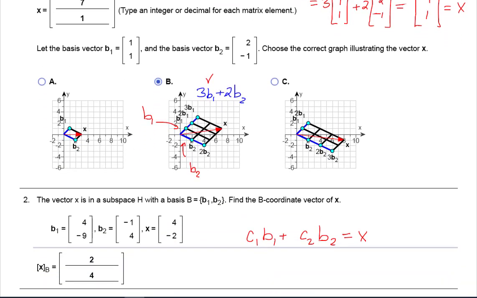All right, so looking at this picture, we know that in picture B, B1 points to 1, 1. And basis vector B2 was 2, minus 1.